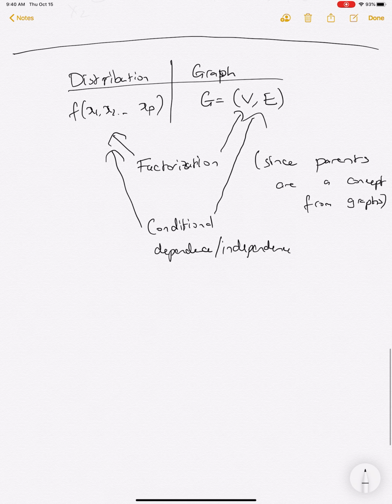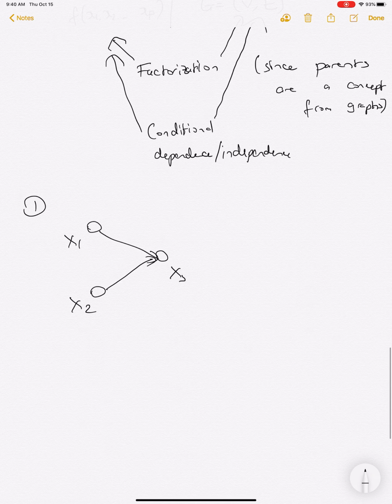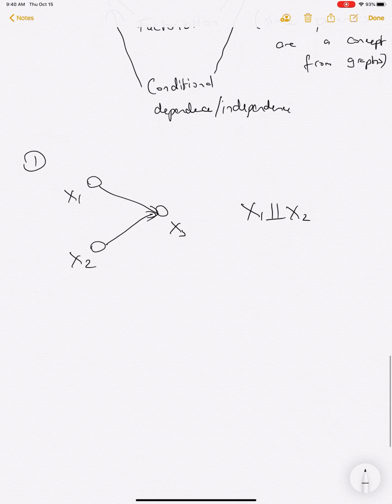And just to remind people, if we go back to our earlier examples, remember that we had x1 independent of x2. We haven't learned why exactly that's true. We'll get a bit of an understanding of that today.